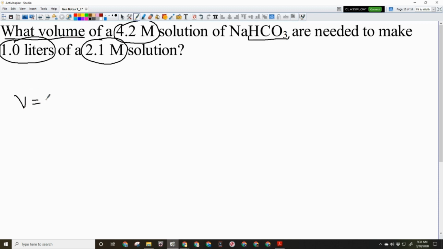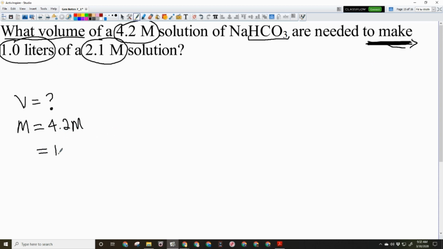Okay, so we're looking for volume. We don't know that. Of a 4.2 molar solution, all right, so that's going to be an M, of sodium bicarbonate are needed to make. All right, so to make, to prepare, to make, that's a future tense.